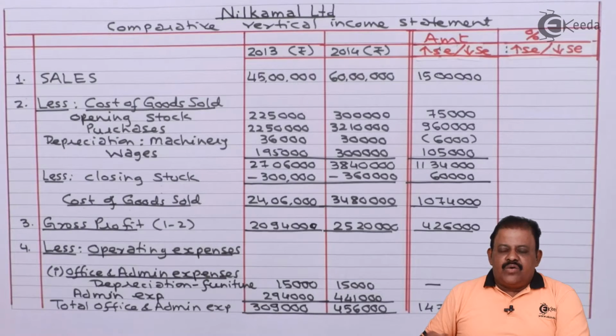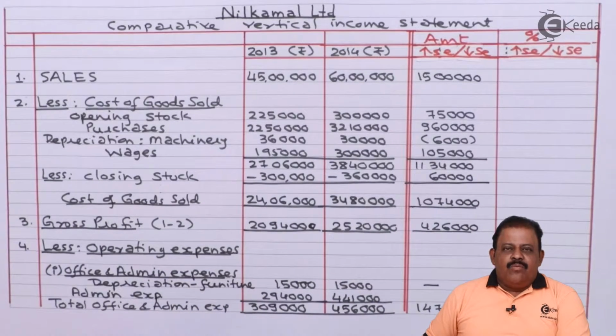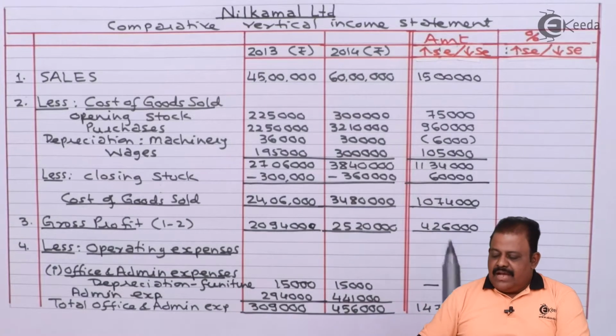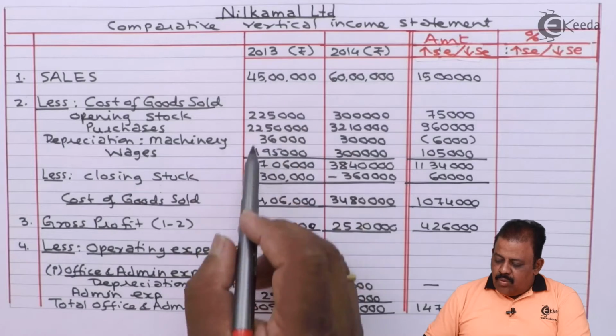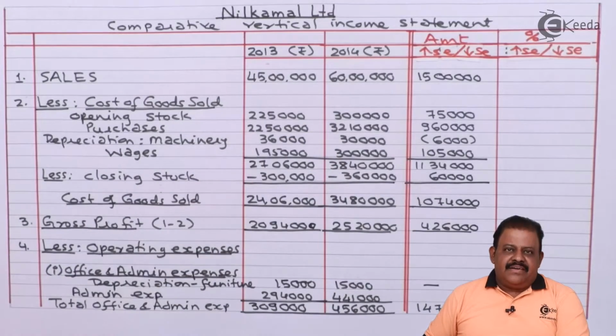We are required to find out now percentage increase or decrease. So the formula here is column number 3, that is absolute increase or decrease, divided by column number 1, that is the figures of 2013, multiplied by 100.